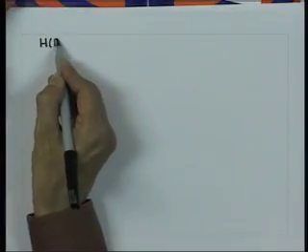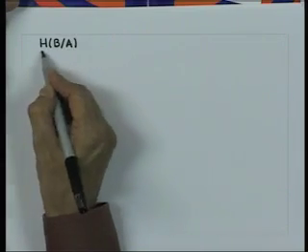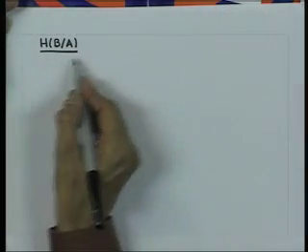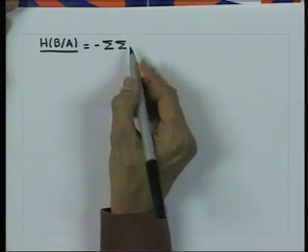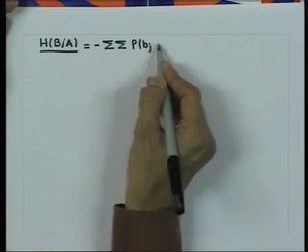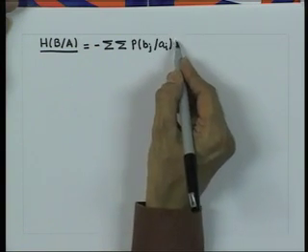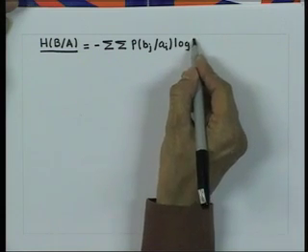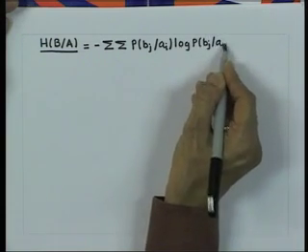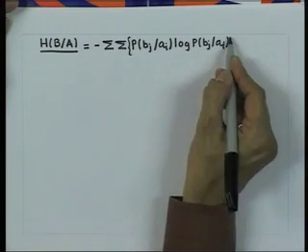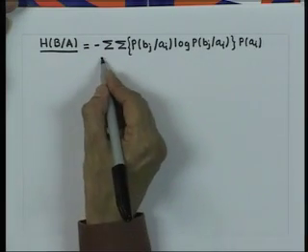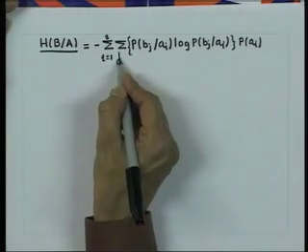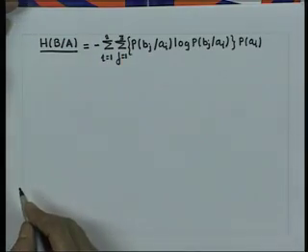Next step is to calculate H of B given A, which is equal to the double summation of probability Bj given Ai log of probability Bj given Ai multiplied by probability of Ai, i equal to 1 to 2, j equal to 1 to 3.